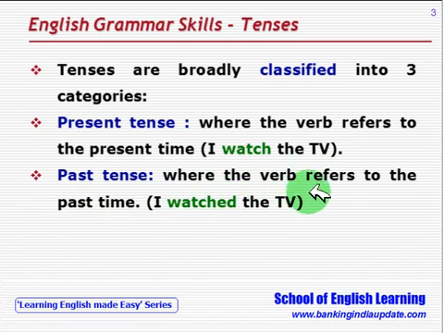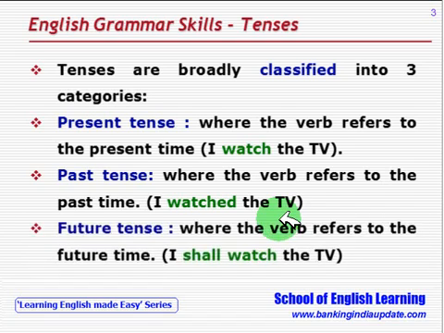Here, the verb refers to the past time. For example, I watched the TV. Third is future tense. Here, the verb refers to the future time. For example, I shall watch the TV.